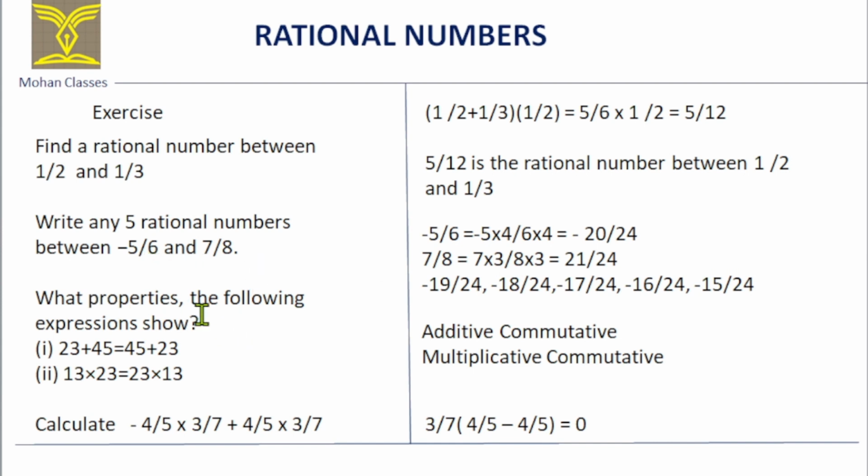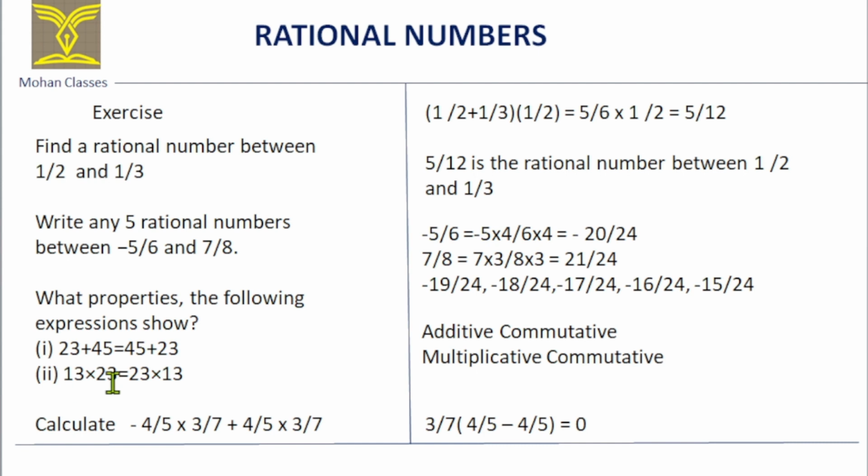So, what properties does the following expression show? 23 plus 45 is equal to 45 plus 23. So, here A plus B is equal to B plus A. This is additive commutative property. Here 13 into 23 is equal to 23 into 13.